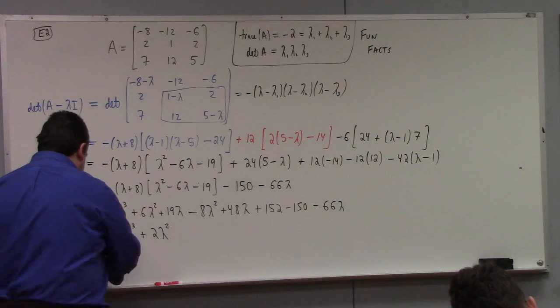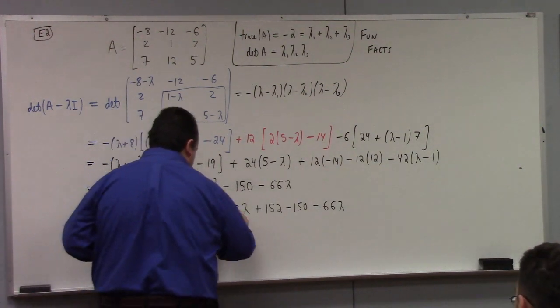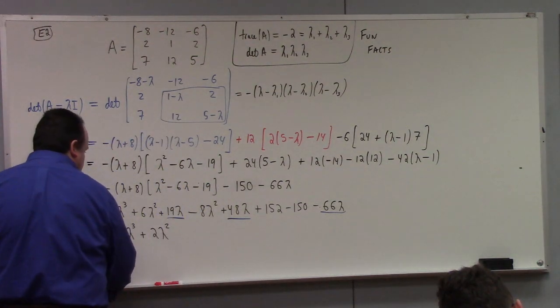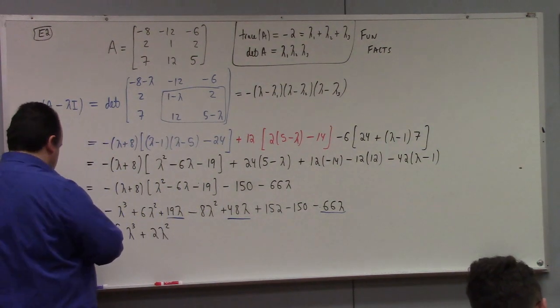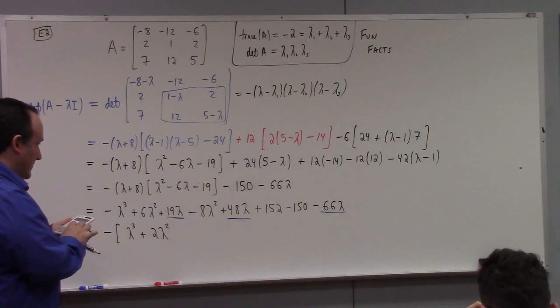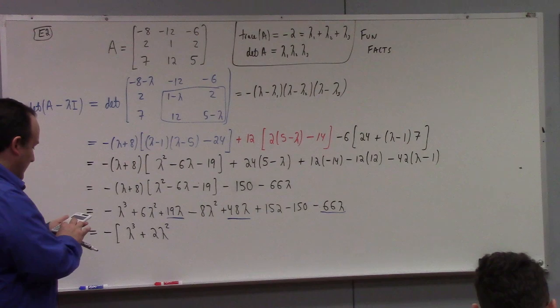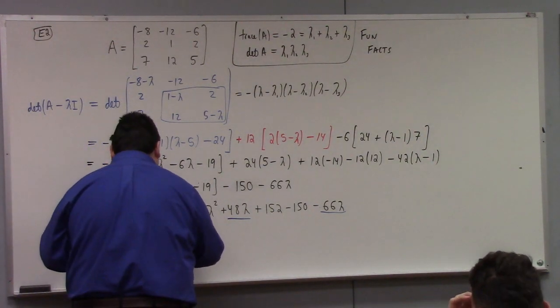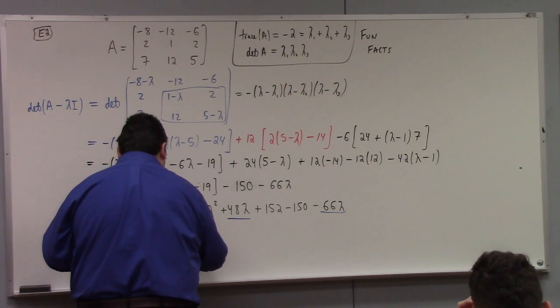Linear terms. Here, here, and here. Them's my linear terms. What do I got? 48 plus 19 minus 66. Oh, 1. So that's right, there's 1. So I factored a minus out, so I can make that a minus lambda.